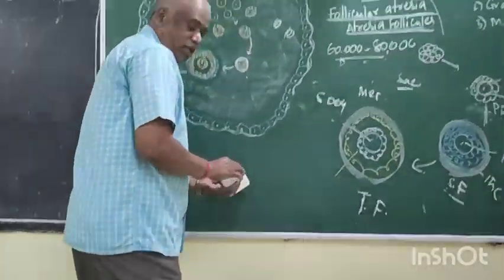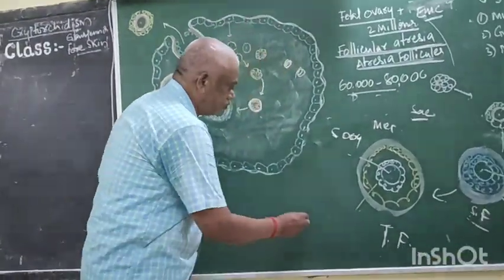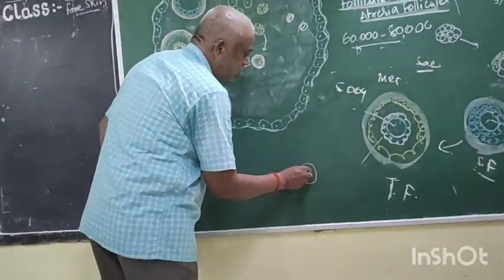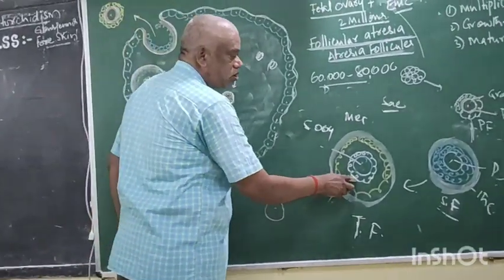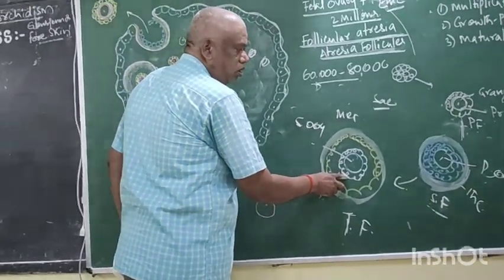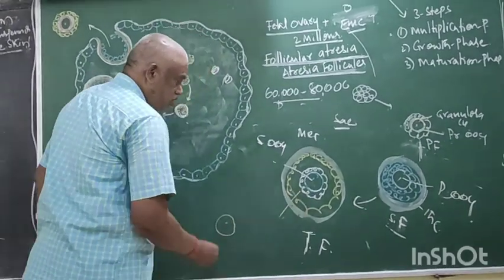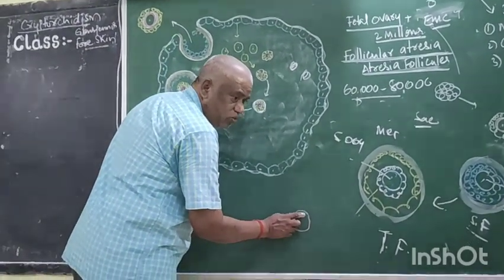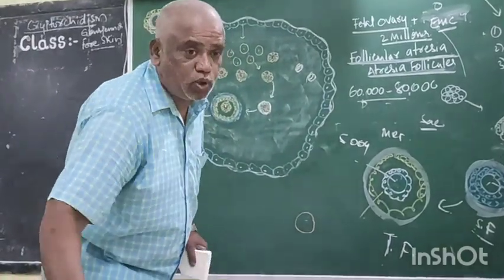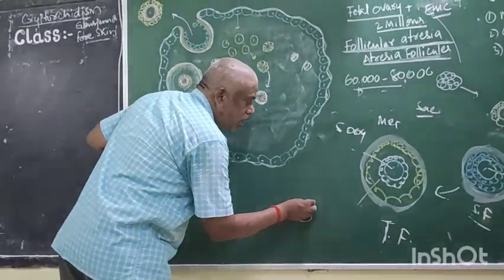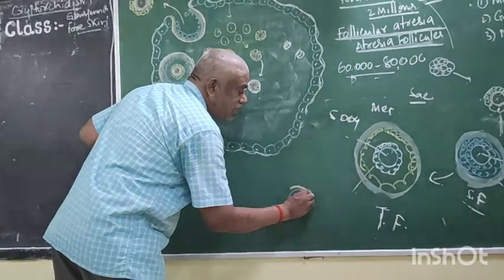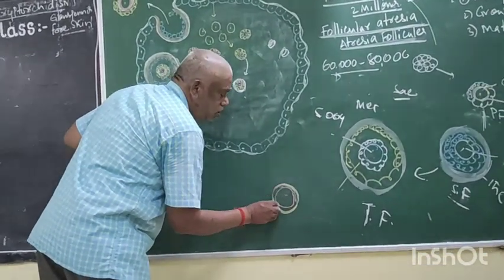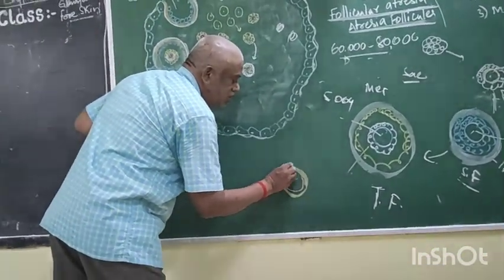Now come to the next one, secondary oocyte. The granulosa cells around the secondary oocyte produce a non-cellular gelatinous layer.